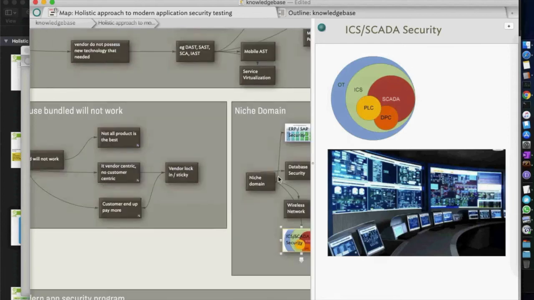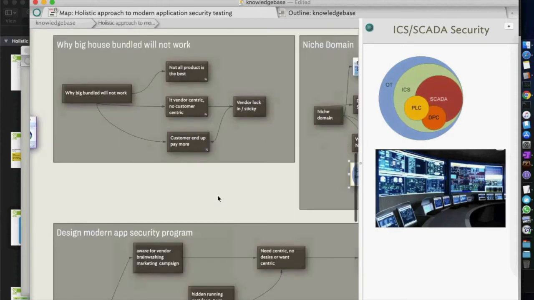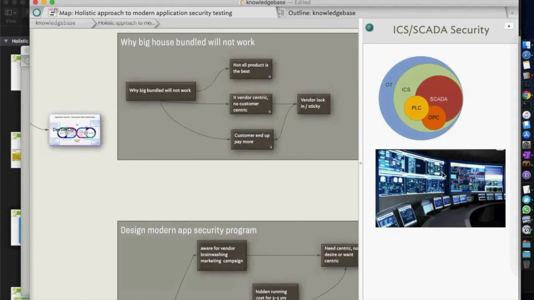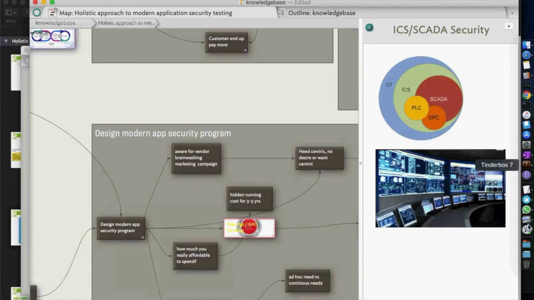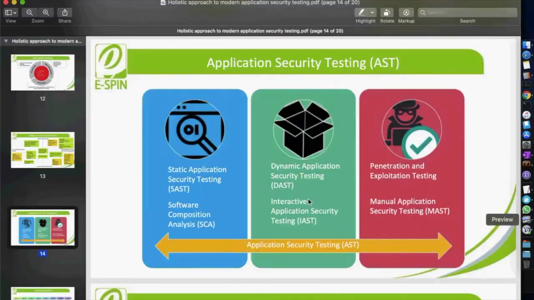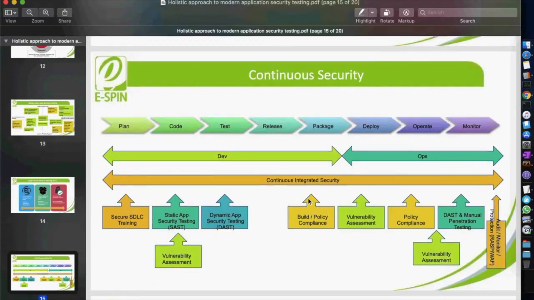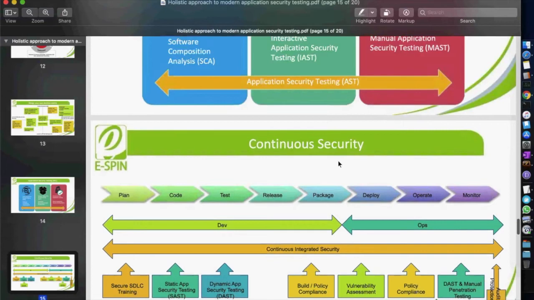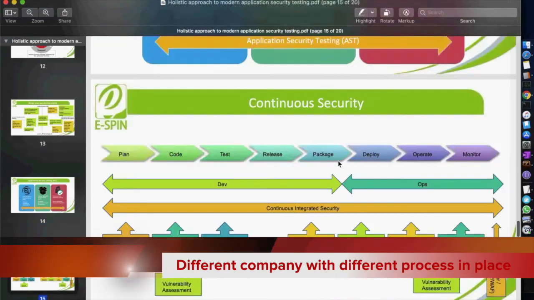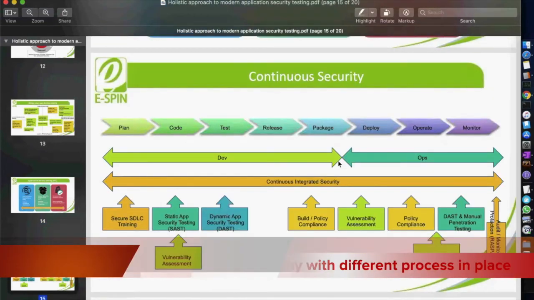So let's move on. Okay, before we continue in this slide again, different companies will practice different kinds of business processes, right?